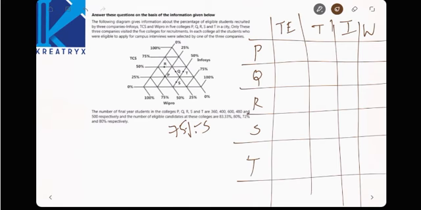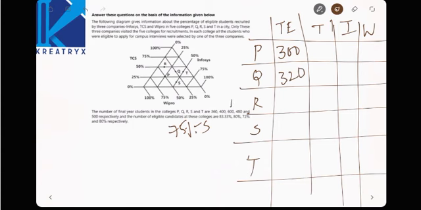Yes, now see here, out of 360 of college P, only 83.3% are eligible for placements. Now 83.3% of 360 is nothing but 300. Next, out of 400, only 80% are eligible, so Q is 320.